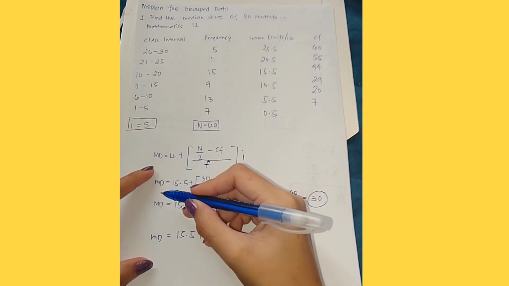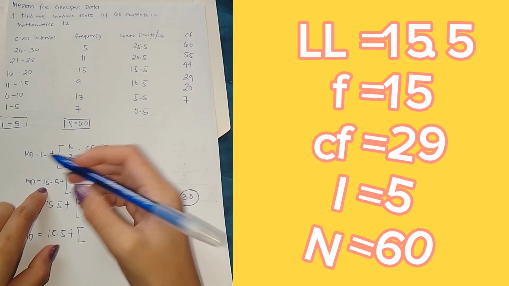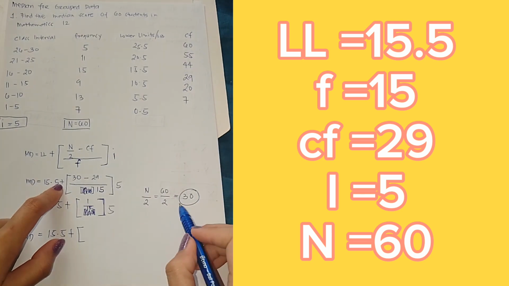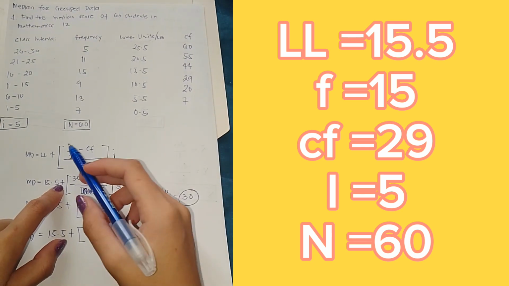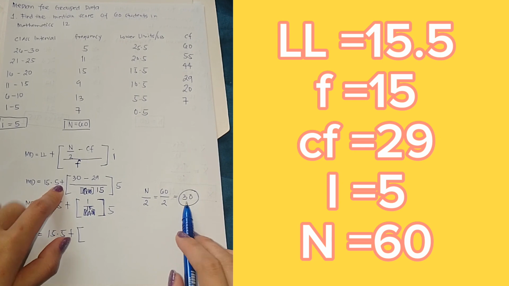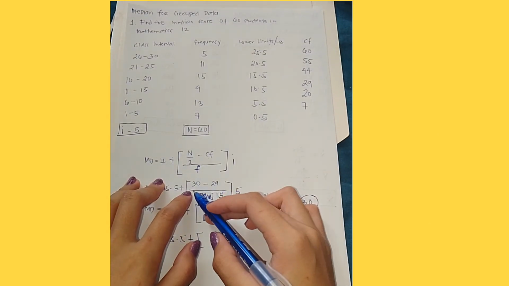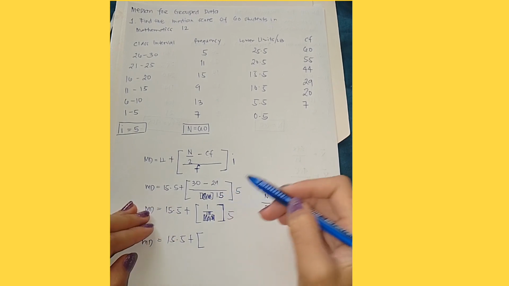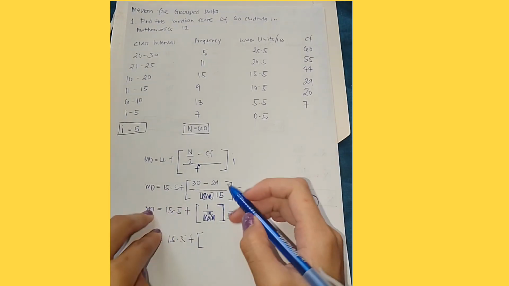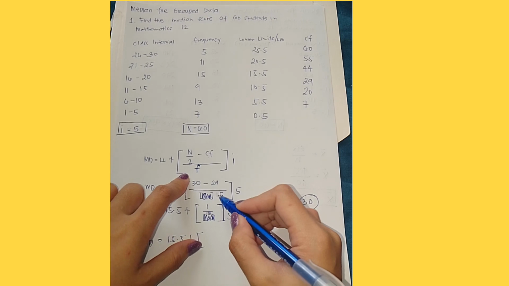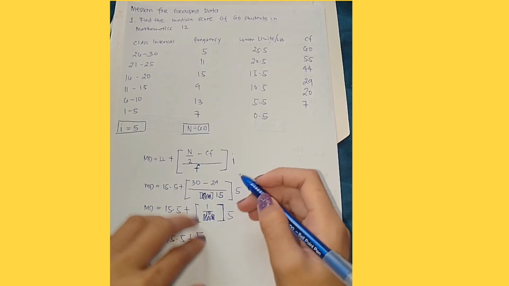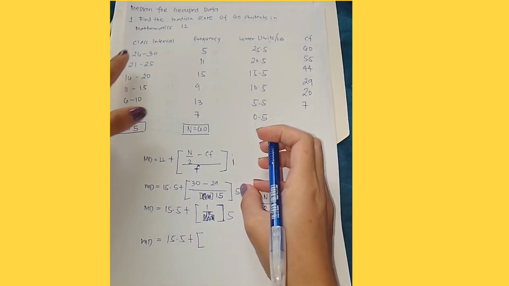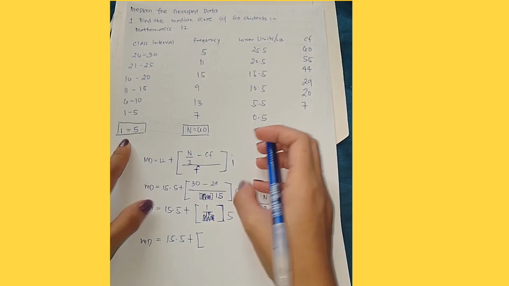So, MD is equal to, our LL is 15.5 plus N divided by 2, which is 30. Then our CF is 29, and the frequency is 15. So, times 5. This is I, the class interval, which is equal to 5.